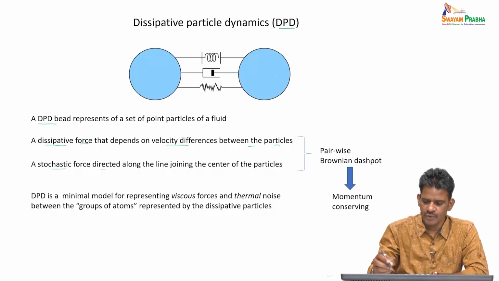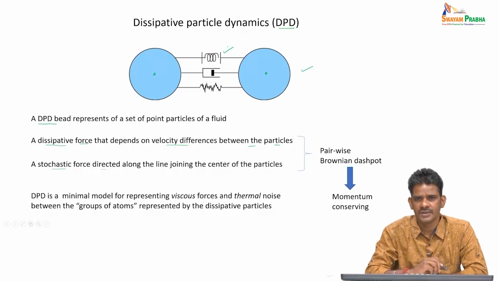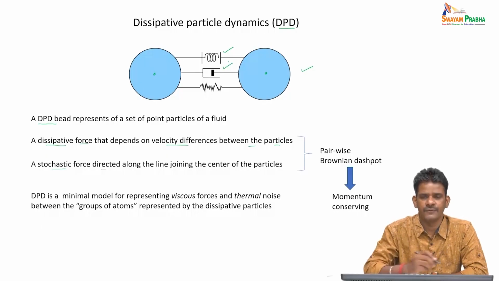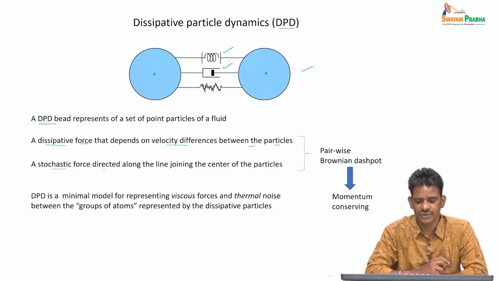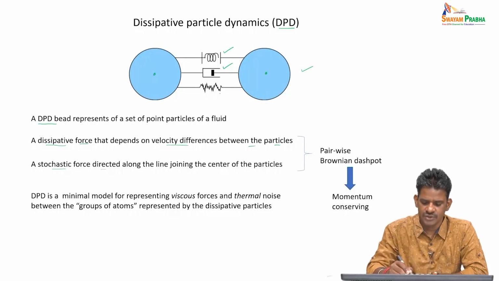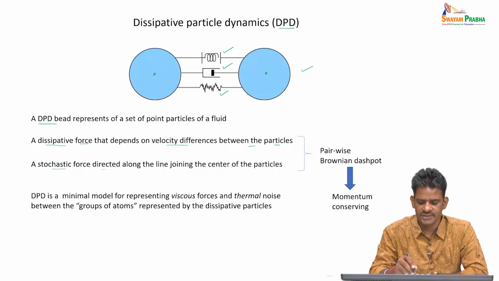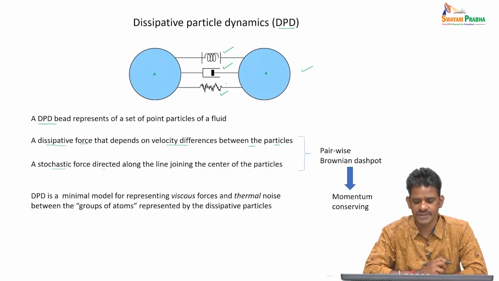This is pictorially shown in this figure, where you have two particles centered here, and these two particles interact via a conservative force, which would be related to inter and intramolecular forces. Then there is a dissipative force, which is nothing but a damper, known as a dashpot here. And then there is a stochastic thermal noise shown as a random noise here.